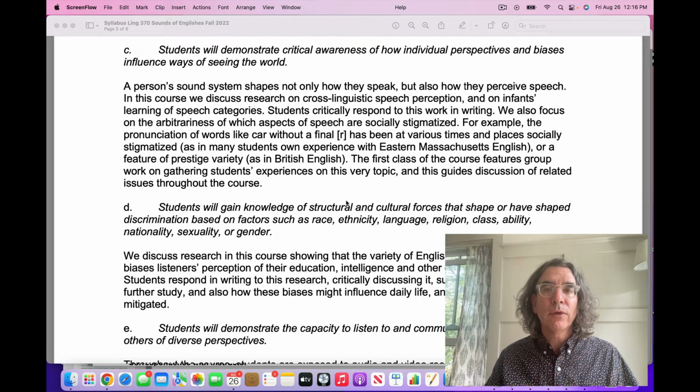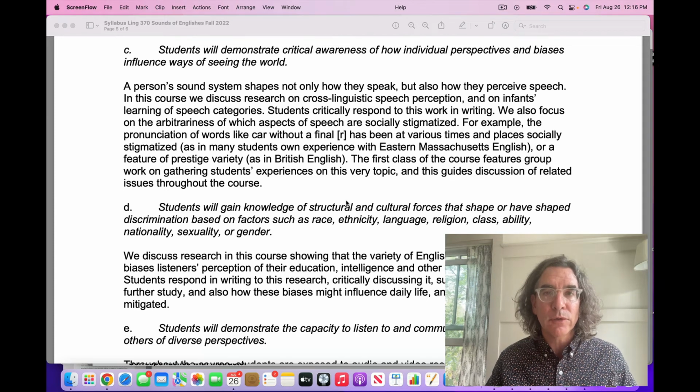The sound system of your variety of English and its relation to social cultural factors affects not only the way you speak, but also the way you perceive the world. We'll get examples of this in cross-language speech perception and infant speech categories. We'll also talk about how particular aspects of language are sometimes socially stigmatized.